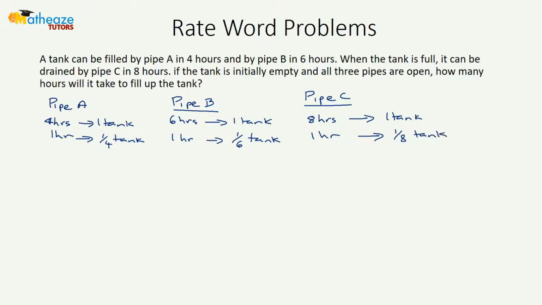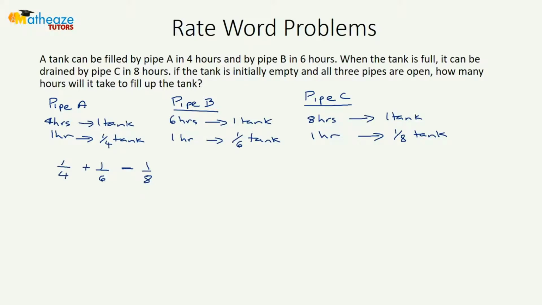So now when they are all working together, pipe A plus pipe B, but then pipe C is draining, so it's going to be minus. So we have 1/4 plus 1/6 minus 1/8. This is when they work together. This is what you should see for the effort in 1 hour.